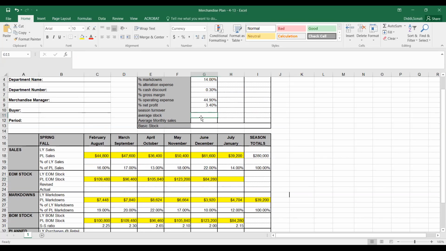So for this problem, average stock is given to you as 103,343. It is given to you in red in your problems in your PDF document. So whenever this is not given to us, that is your 6th month EOM, you're going to use the average stock number.